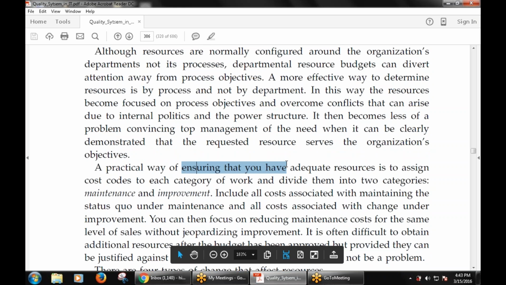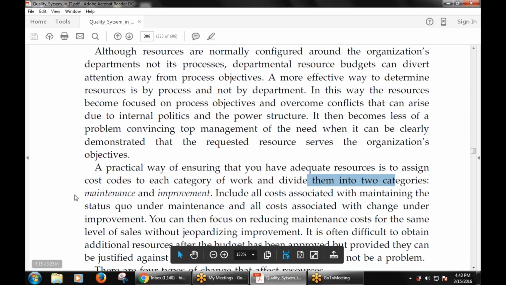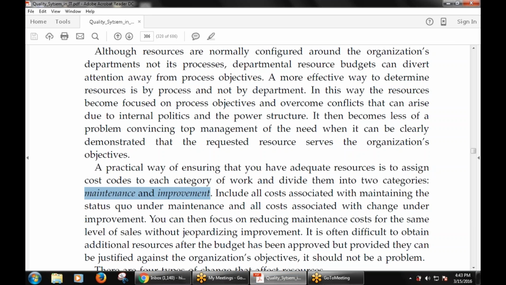A practical way of ensuring adequate resources is to assign codes to each category of work and divide them into two categories: maintenance and improvement. Include all the costs associated with maintaining the status quo under maintenance, and all the costs associated with change under improvement.